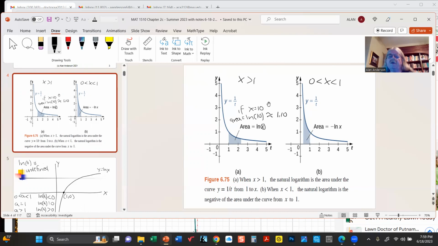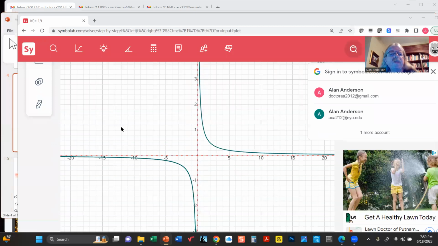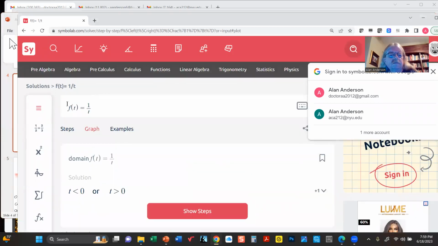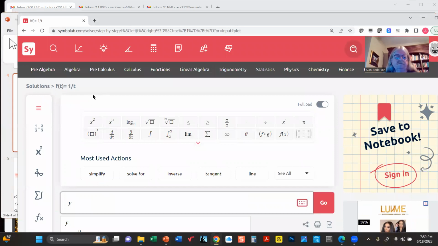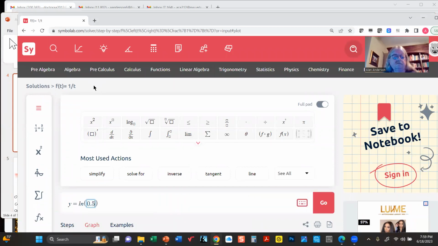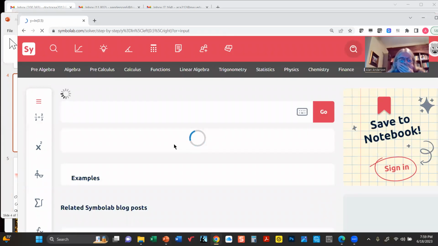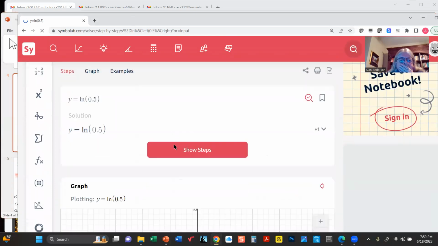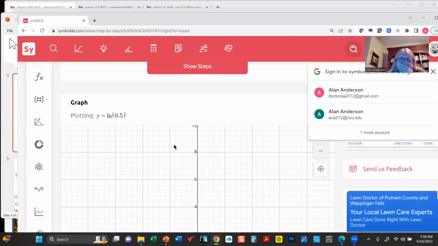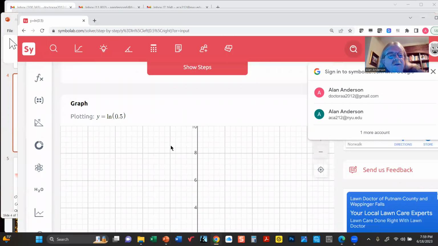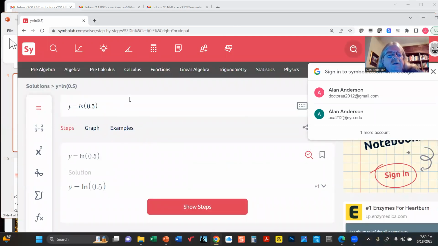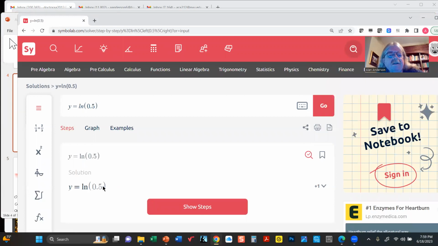All right, so we can confirm this by going to Symbolab and asking it for, let's say, the natural log of 0.5. Okay, well, that's not what I was hoping for. I thought it would give us an actual number. That's interesting.